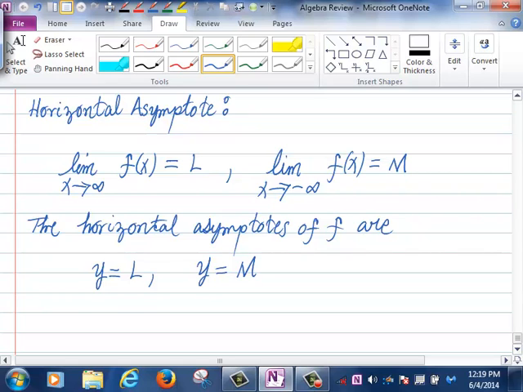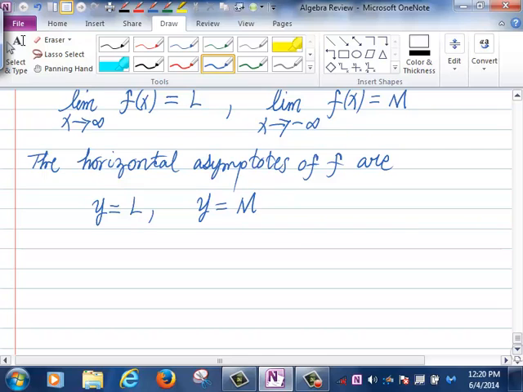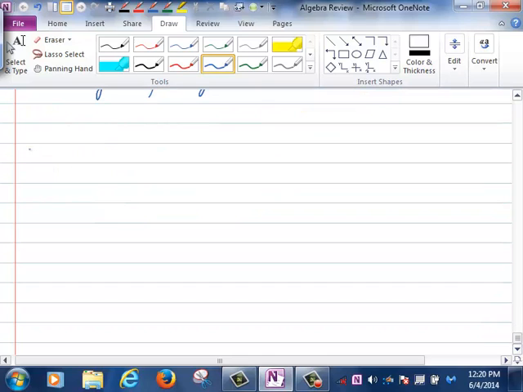Okay. So let's look at an example. Let's think about the function f of x, which is x plus 1 divided by x. And we want to figure out the horizontal asymptotes of this function.